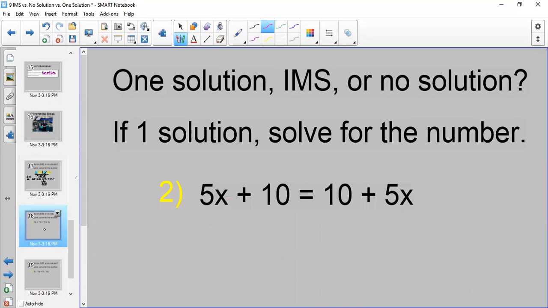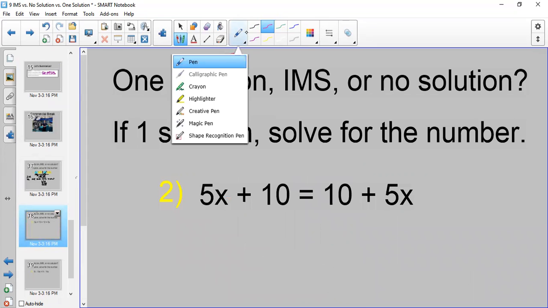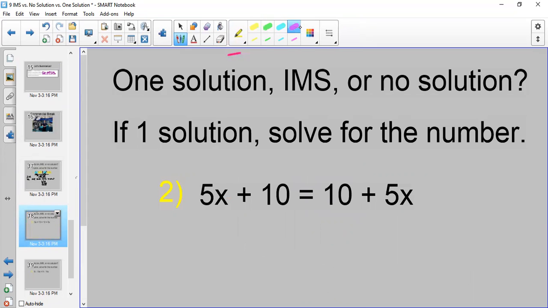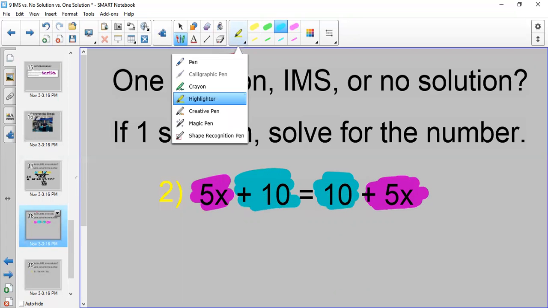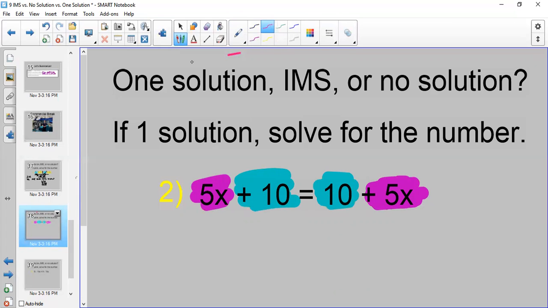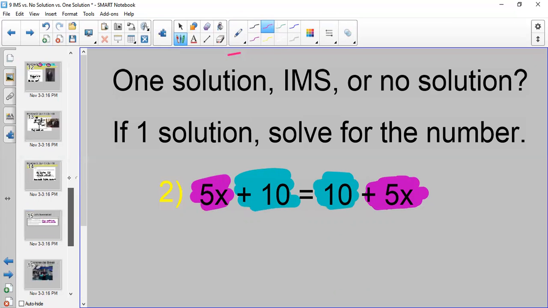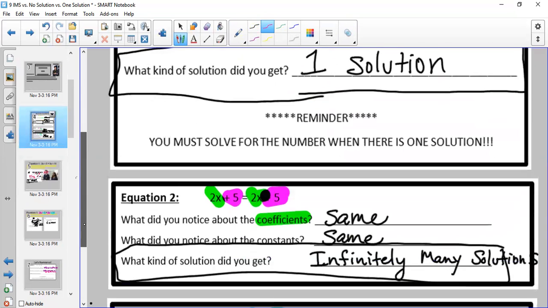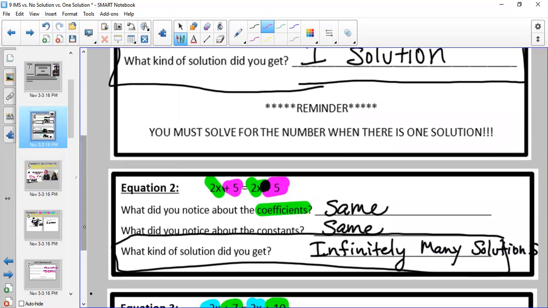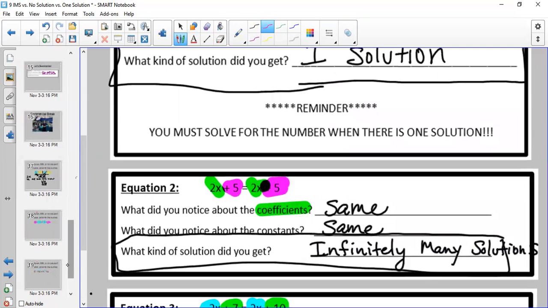Let's do question 2. I'm going to get my highlighter out here. I'm going to highlight my coefficients, which are 5x. I'm going to highlight my constants, which are 10. I know that this is everything's the same, and same. And go back to my list of when everything was the same. That was infinitely many solutions.